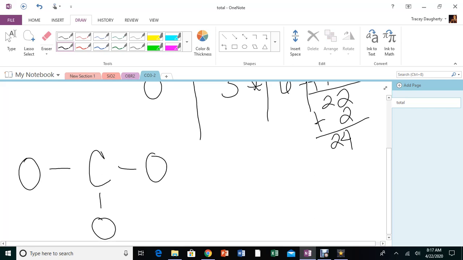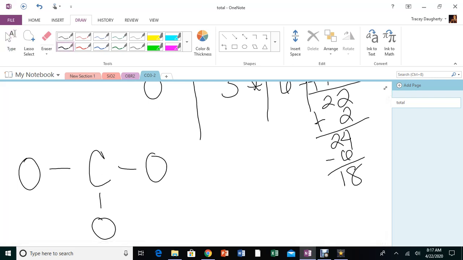And now I drew my bonds. So 3 bonds makes 2, 4, 6 electrons that we've used. So we get 18 left over. We fill the octets of the outer atoms.